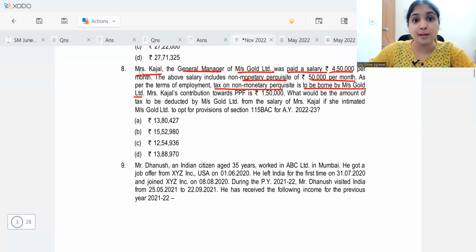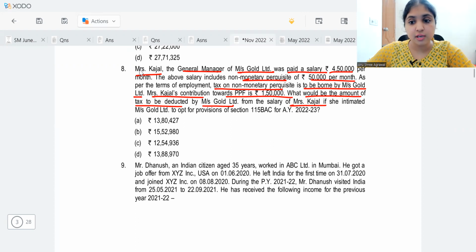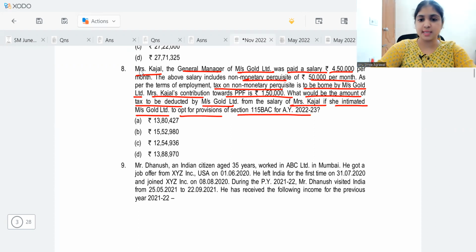So tax on non-monetary perquisite, employer will be bearing. Mrs. Kajal's contribution towards PPF is 1,50,000. What would be the amount of tax to be deducted by Messrs Gold Limited from the salary of Mrs. Kajal if she intimated Messrs Gold Limited to opt for the provisions of 115 BAC for assessment year 22-23?